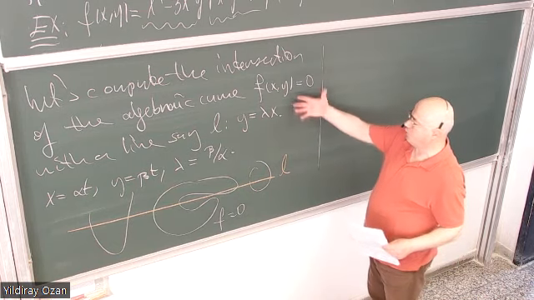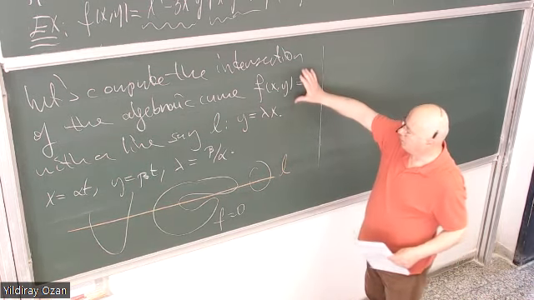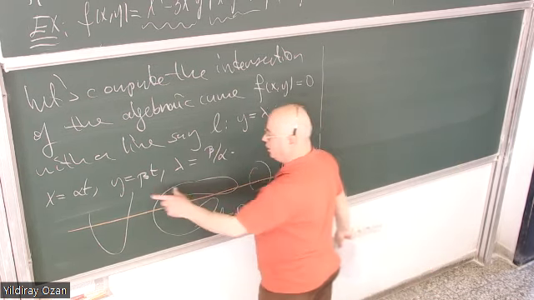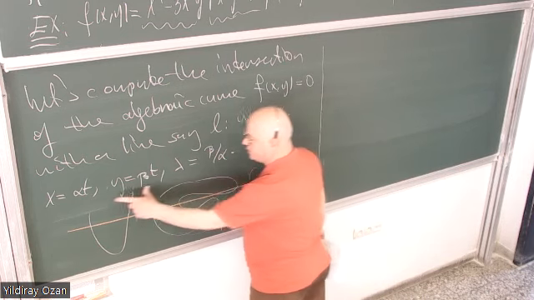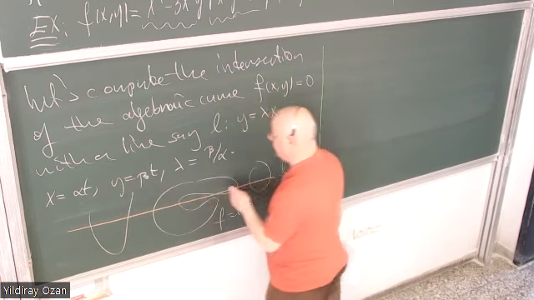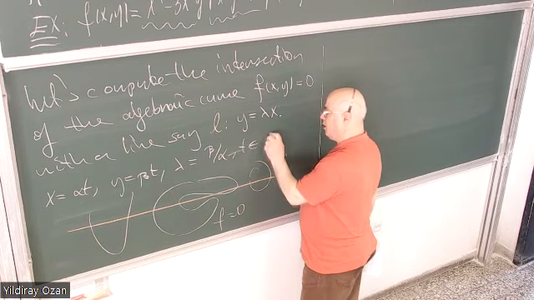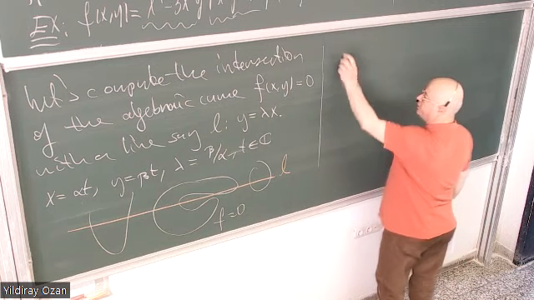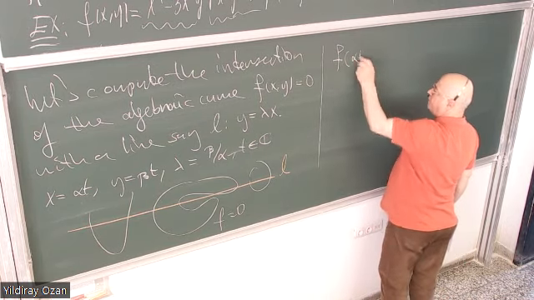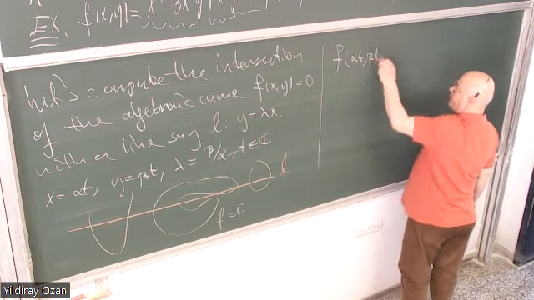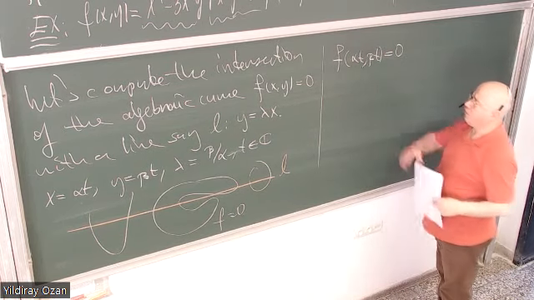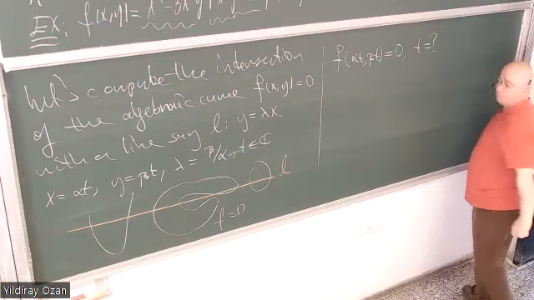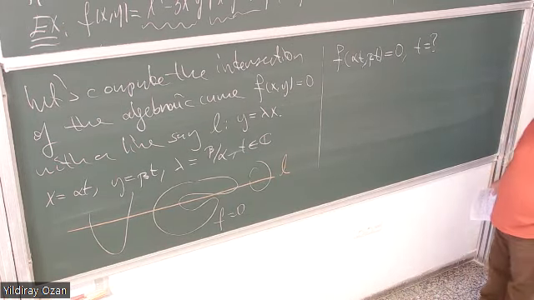Well, you just solve this equation system. I have this equation and this equation, but this equation is just solved like this, and here t is just a parameter. So we just plug those into this: f(alpha t, beta t) equals 0. So what I will do, I just need to find t out of this.